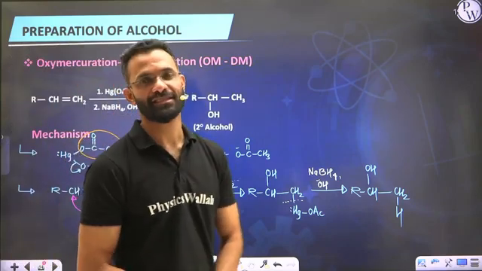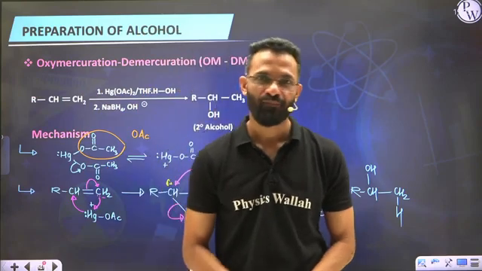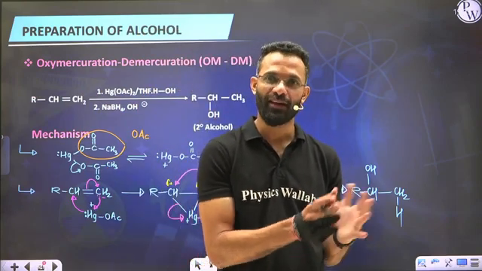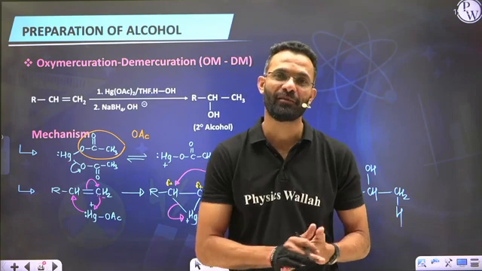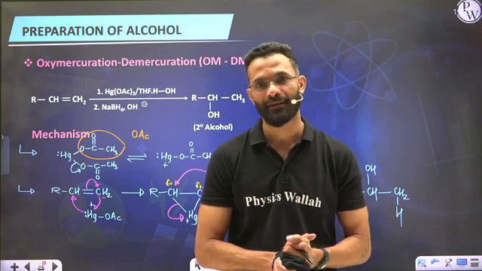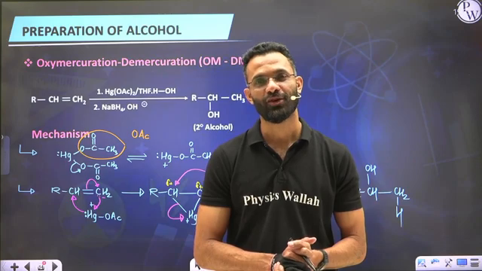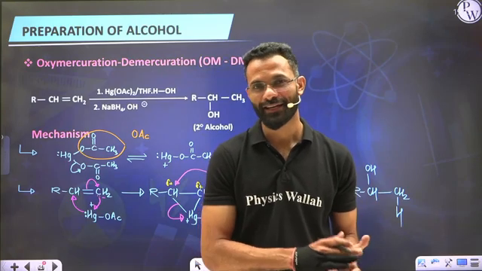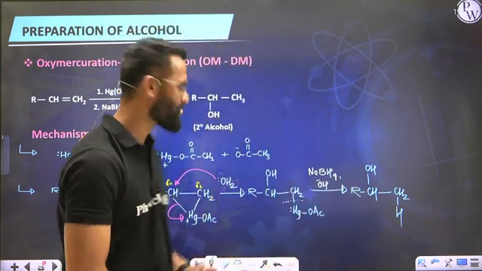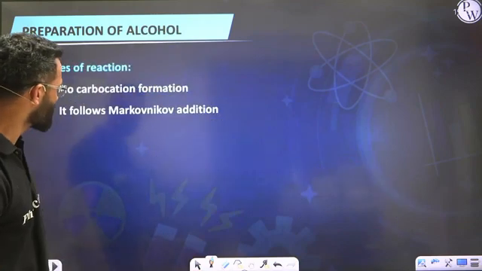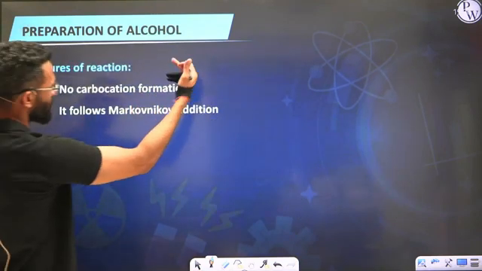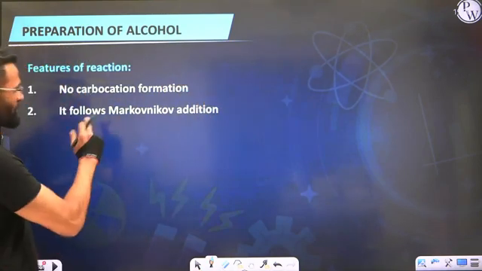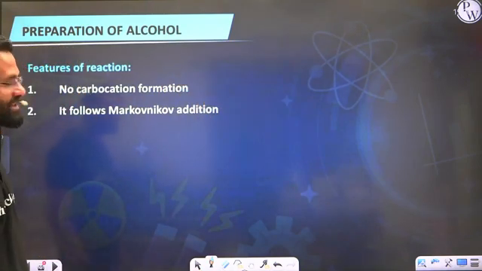Both the processes, ACH and OMDM, result in the formation of alcohol, where the overall regioselectivity indicates Markovnikov addition. However, in ACH there is always a carbocation formation, but in OMDM there is no formation of carbocation. So here are the important features. No carbocation formation, so we are not even talking about rearrangement, but it follows Markovnikov addition.